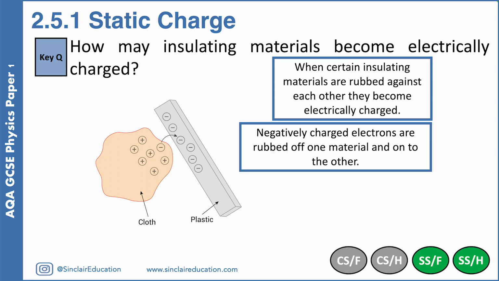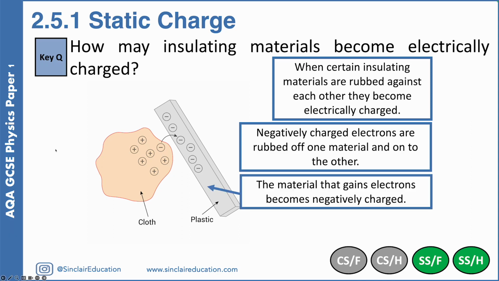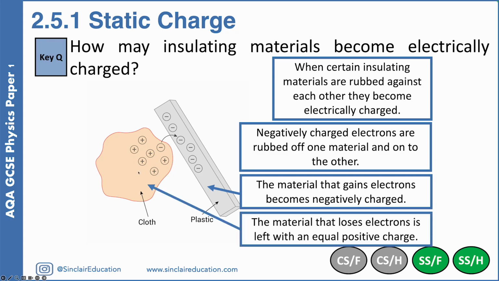The one that gains electrons becomes negatively charged, while the one that loses those electrons becomes positively charged. In this case, this plastic rod has become negative, while the cloth has overall gained a positive charge because it's lost some negativity.